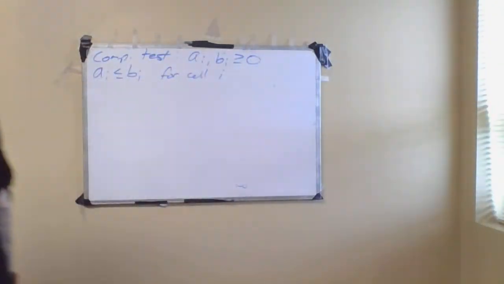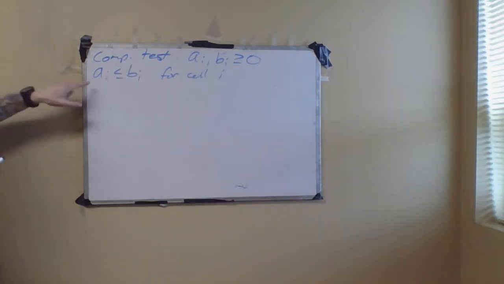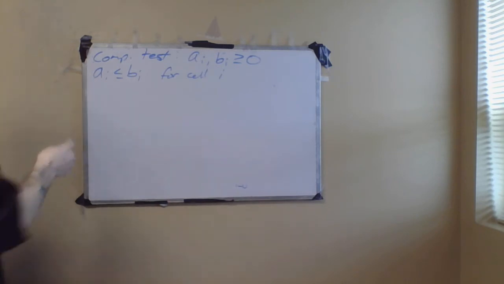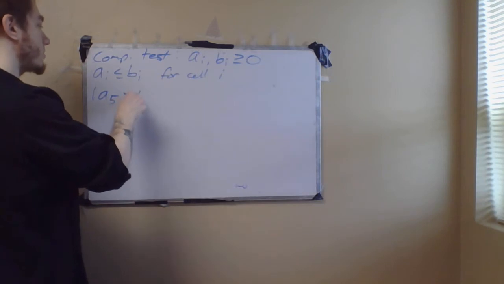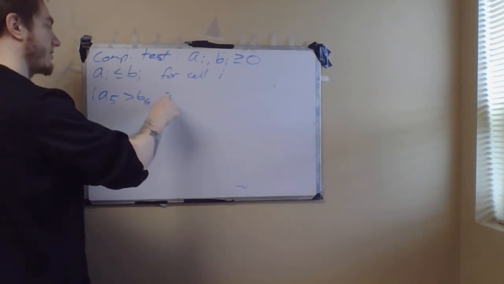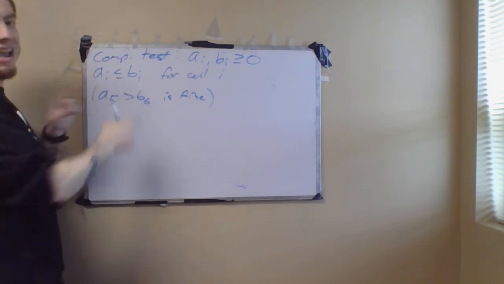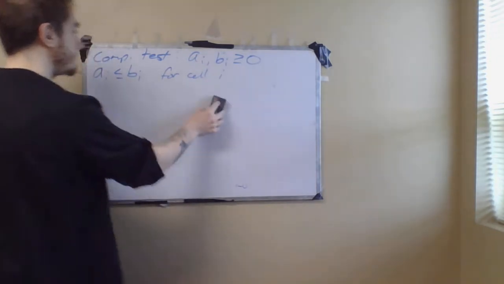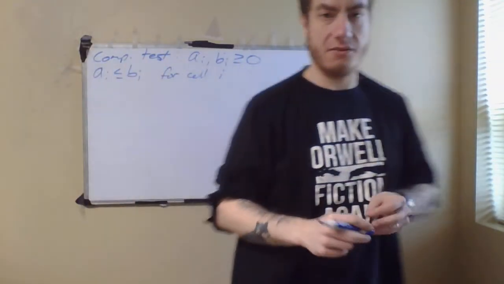I'm just saying, like, a5 is less than or equal to b5, a6 is less than or equal to b6. But notice that a5 might be bigger than b6, and that's fine. It's just when they have the same index, the a sub i needs to be the smaller one. And the terms have to be positive.